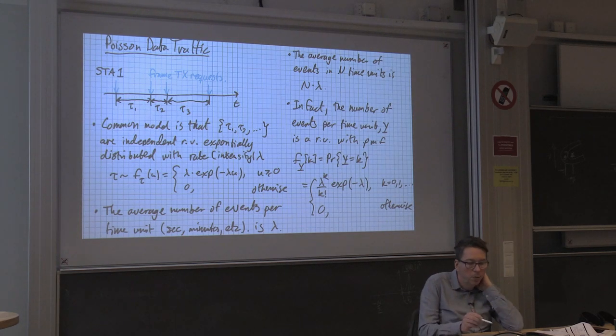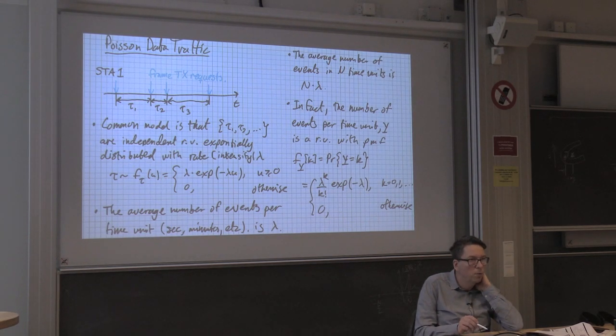To summarize, Poisson data traffic means that frames arrive at certain random times, and the time between two of these events is an exponential random variable.